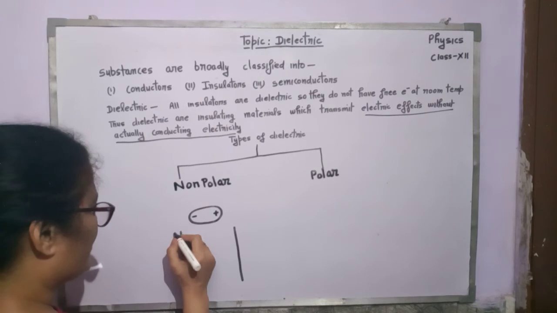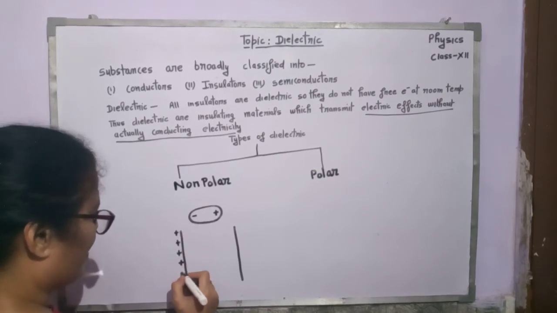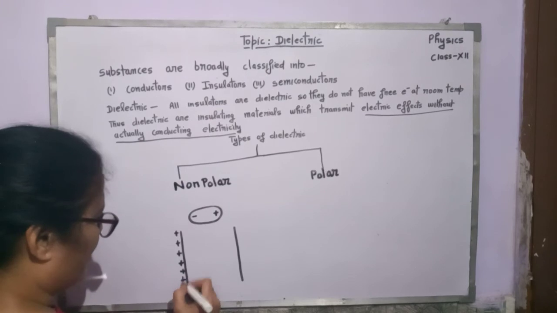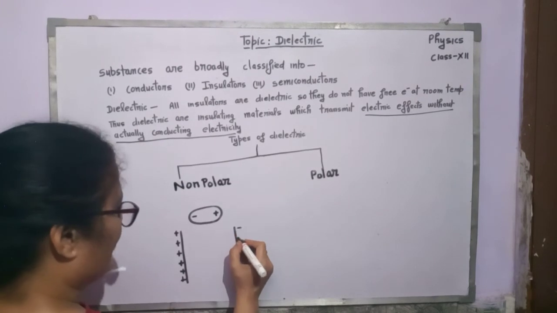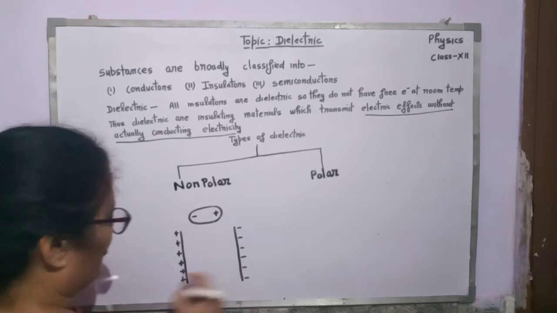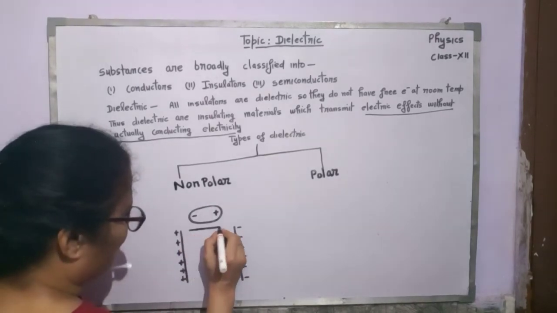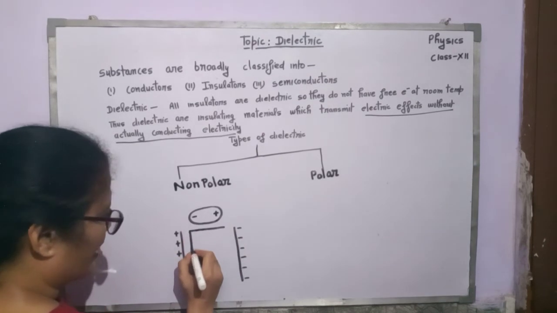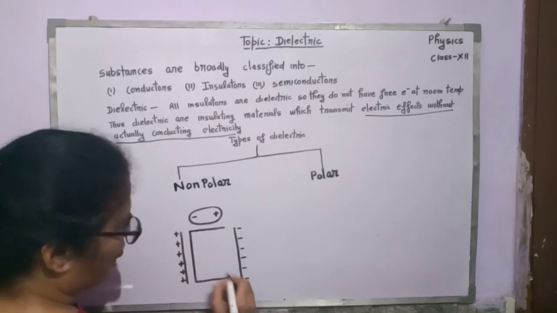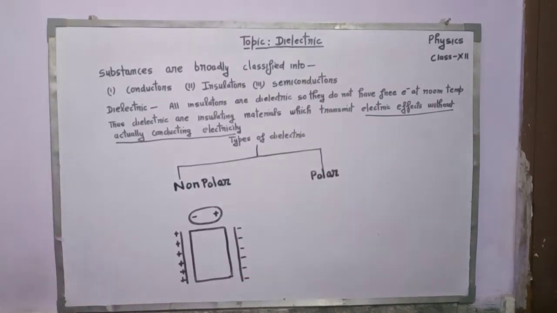This is your positive plate and this is your negative plate, and this is the slab of the dielectric which is placed in between these two plates.